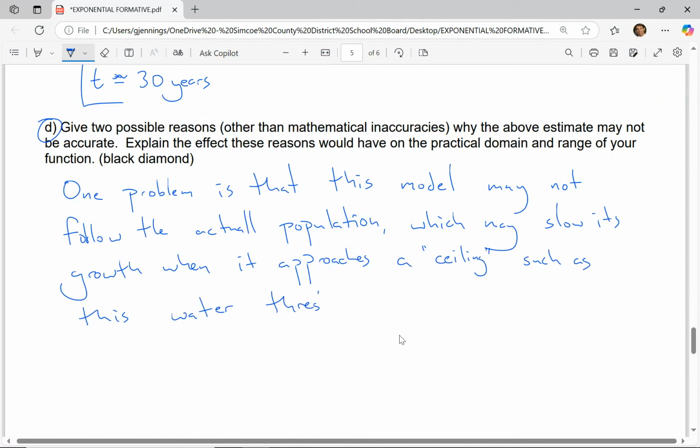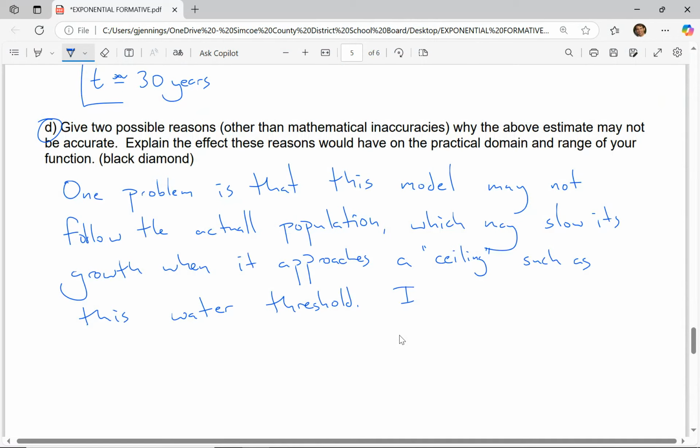In that case, that is to say, as the population approaches something like 10 billion and the human population starts to feel the strain of a limited water supply, people may either deliberately choose to control the population and its rate of growth, or we might find that the rate of growth slows down as people begin to die due to lack of fresh water.